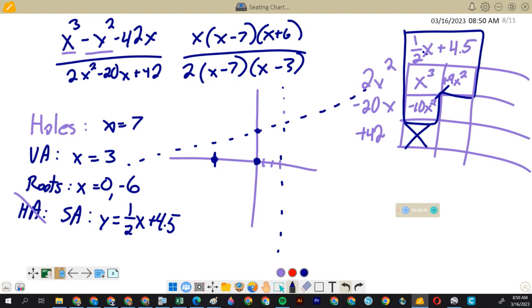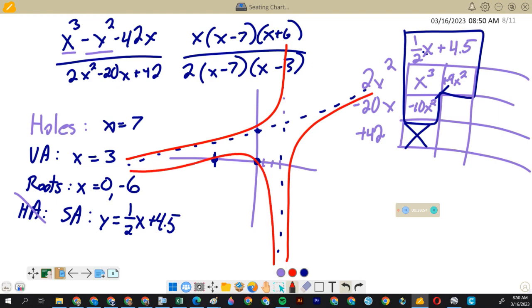So what does that graph look like? Well, it either looks like this or like this. Which one is it? It's got to be the second one, because I have to hit those 2 roots.